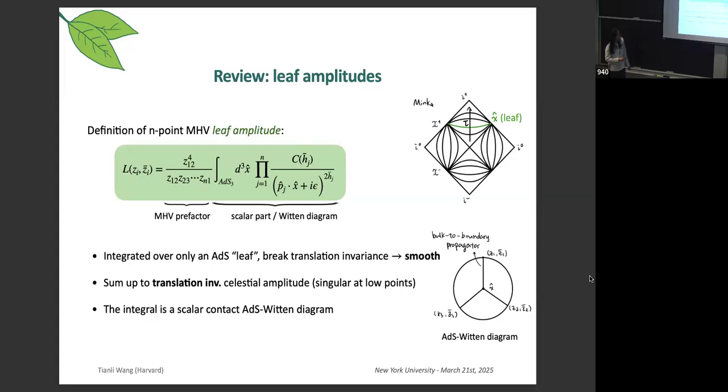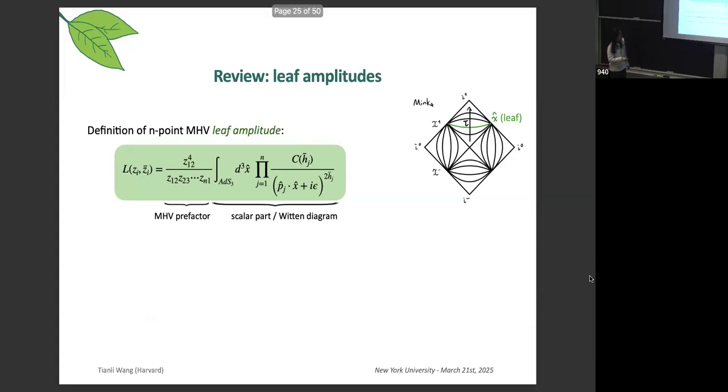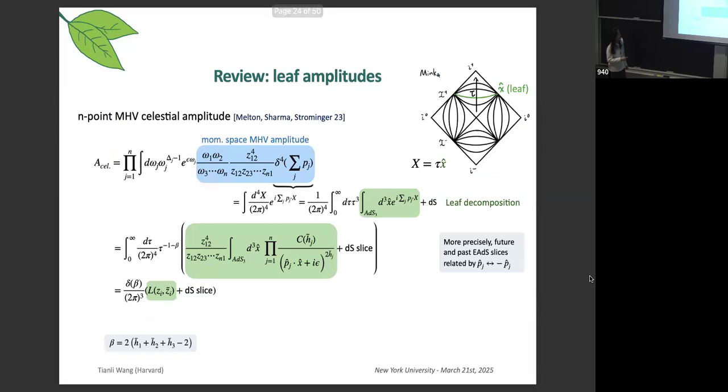And second, they sum up to translation invariant celestial amplitudes, which are singular at low points. So that just amounts to this relation between a celestial amplitude and a leaf amplitude. So in this paper, the authors evaluated the 3-point leaf amplitude explicitly, show that it's smooth, and then plugged it back into this relation and show that you get the singular celestial amplitude with all the delta functions and theta functions and so on.